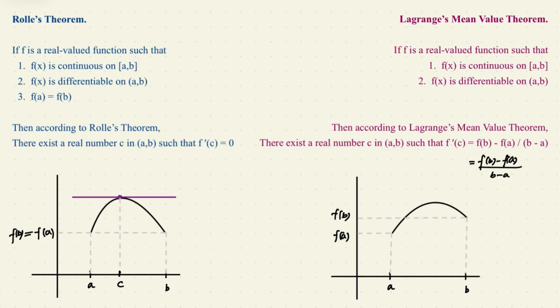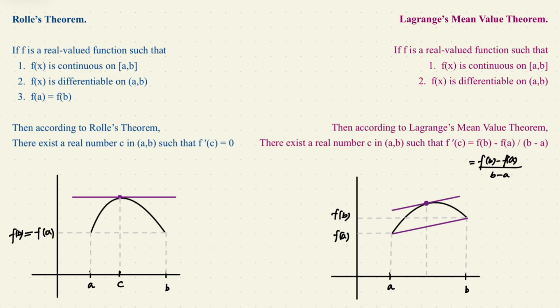Now Lagrange's mean value theorem says that if these two conditions are fulfilled, then there must be a point between a and b, let us call it c, at which if I draw a tangent, then this tangent will be parallel to the line joining these two points. So here, if you notice that this tangent and this line which is joining these 2 points are parallel.